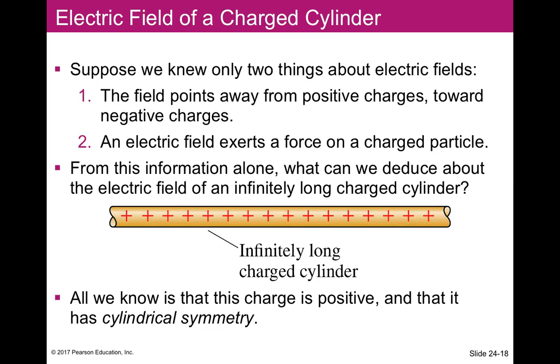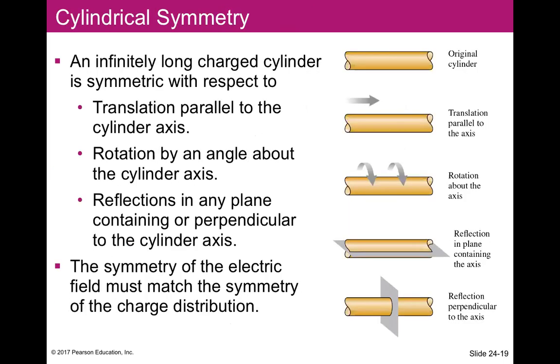The first thing we know is the charge is positive, and this system has a cylindrical symmetry. We will use this symmetry to deduce the electric field. Okay, what is cylindrical symmetry? An infinitely long charged cylinder is symmetric with respect to three things.